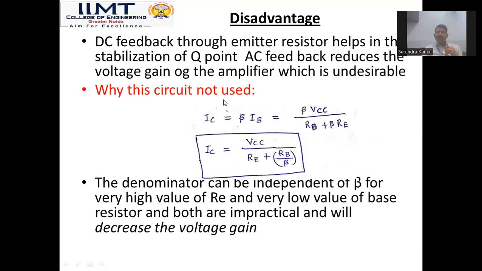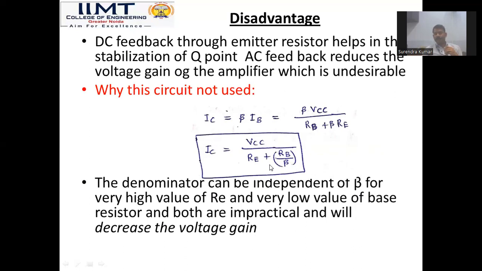Why is this circuit not used? Because in the previous slide we have this mathematical expression of IB, which is VCC upon RB plus beta RE. As we know IC is beta into IB, putting this base current value, we have this mathematical expression. So now the collector current is calculated as VCC upon RB over beta plus RE.